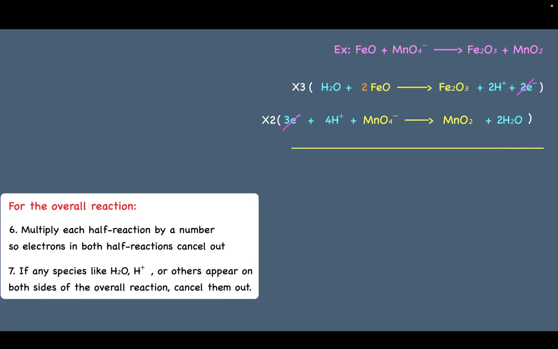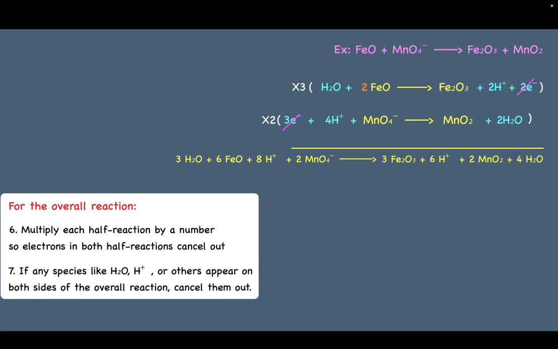Anything on the right-hand side will be added up together. If you have things on opposite sides, they will get canceled. So based on that, we end up having 3 waters, 6 FeO, 8 H positives, 2 MnO4 minus on the left, and then we get 3 Fe2O3, 6 H positives, 2 MnO2, and 4 waters on the right-hand side.